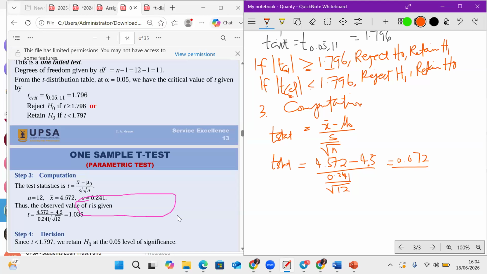Divided by, now compute the denominator. 0.0695. Wait, you leave it in three decimal places. Okay, 0.069. When 0.072 is divided by 0.069, what do you have? 1.035. Is it the same as they got?